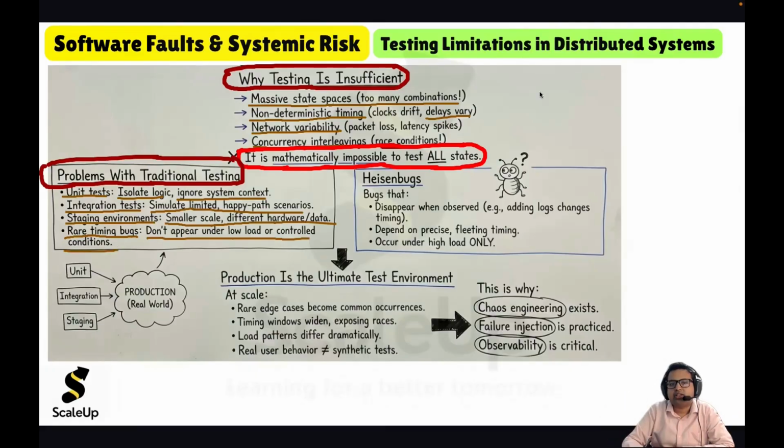We will now discuss Heisenberg bugs. So what are Heisenberg bugs? Heisenberg bugs are the bugs that disappear when observed. A Heisenberg bug seems to disappear or change its behavior when you attempt to study it, and it is named after the Heisenberg uncertainty principle.